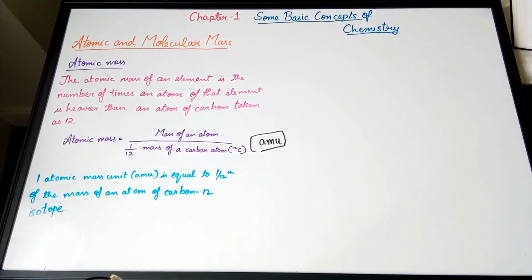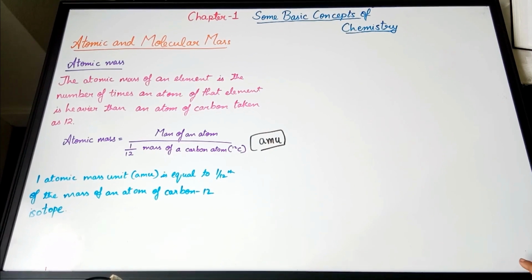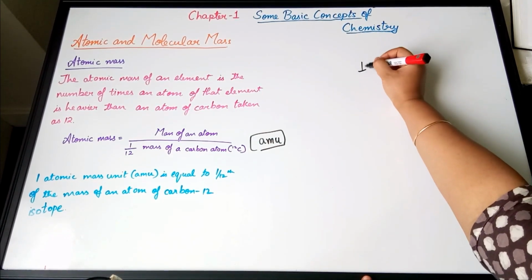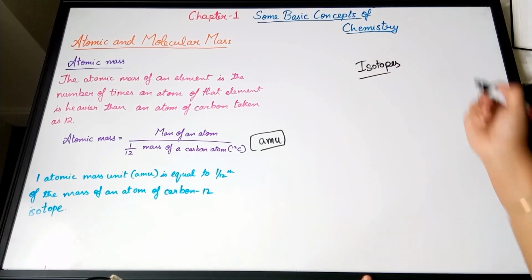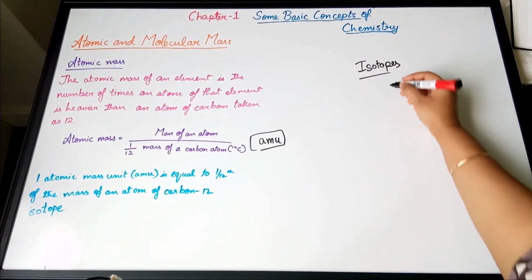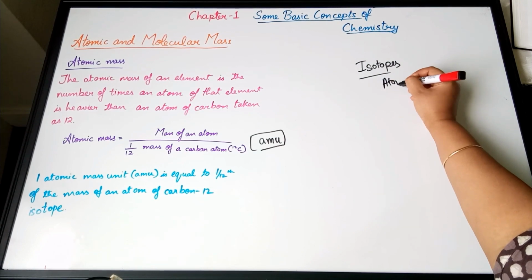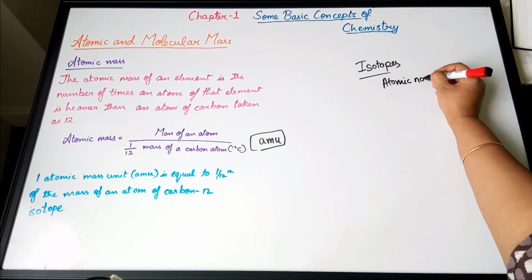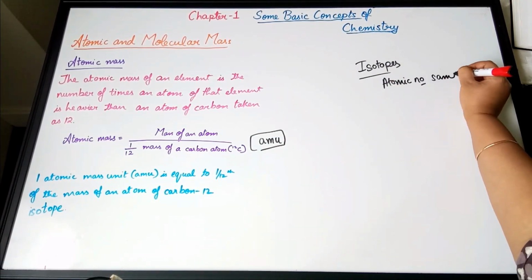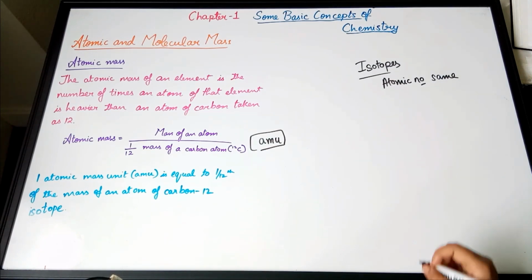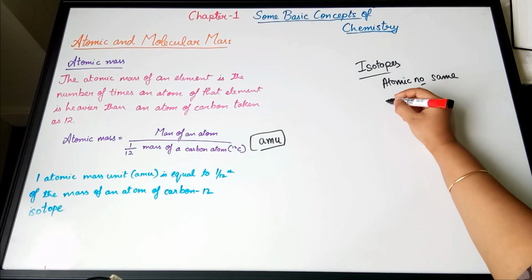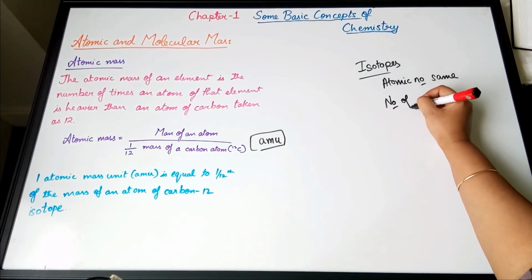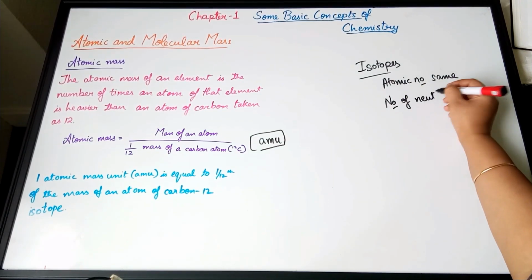It exists in various forms, and these forms are known as isotopes. Isotopes of an element will have the same atomic number, but a different atomic mass, and this is because the number of neutrons is different.